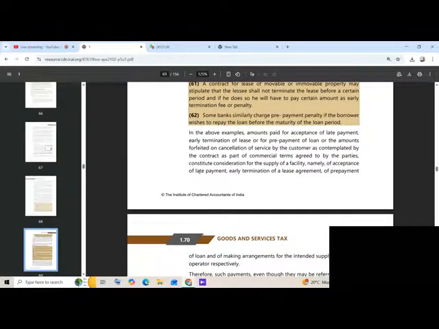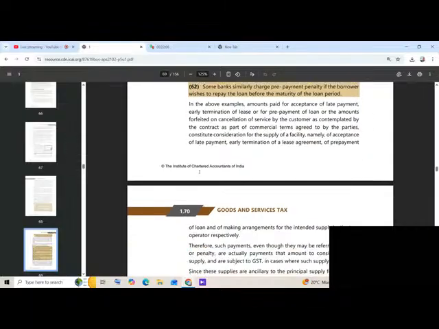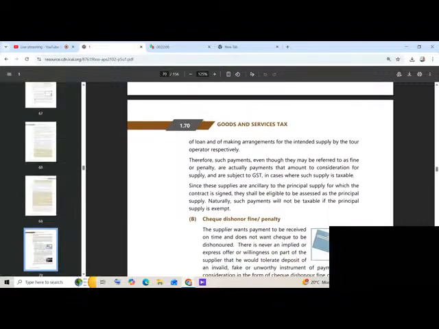In the above examples, amounts paid for acceptance of late payment, early termination of lease or for prepayment of loan, or the amounts forfeited on cancellation of service by the customer as contemplated by the contract as part of the commercial terms agreed to by the parties constitute consideration for the supply of a facility, namely of acceptance of late payment, early termination of a lease agreement, of prepayment of loan, and of making arrangements for the intended supply by the tour operator respectively.